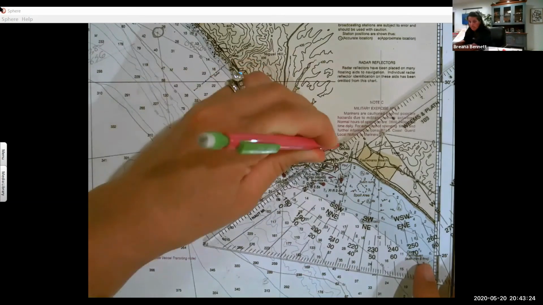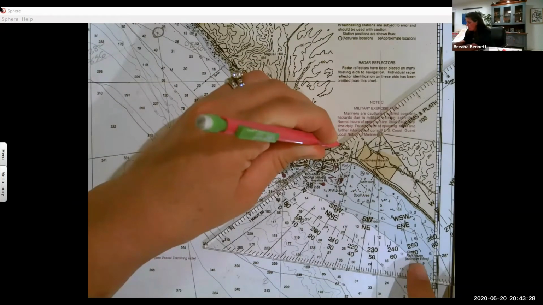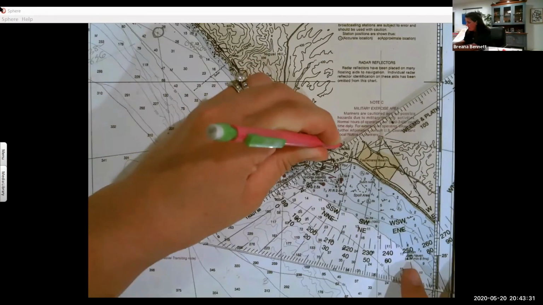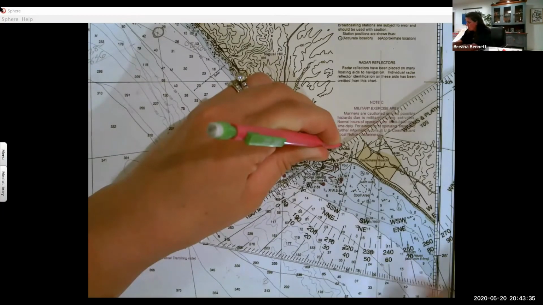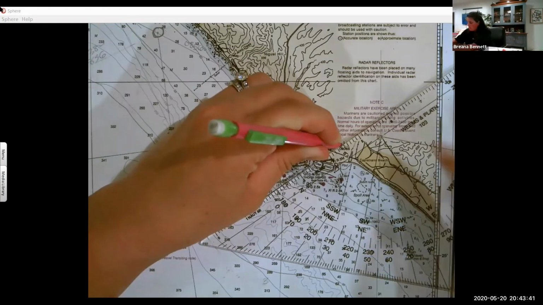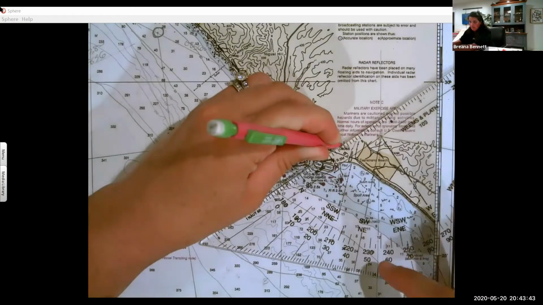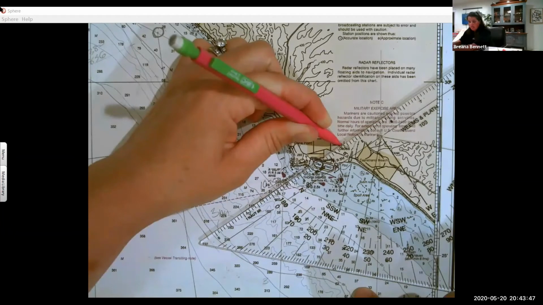So pencil still on the cross, looking for 5, 5 and focal point.